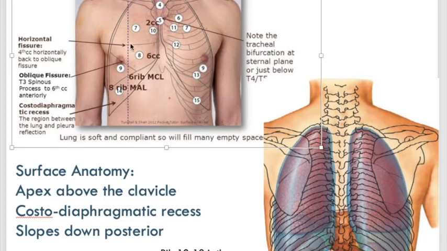If there's a hemothorax or maybe a pleural effusion, all the fluid will accumulate in this area, because if you're not exerting yourself and having deep inspiration, this is not normally filled with lung tissue.